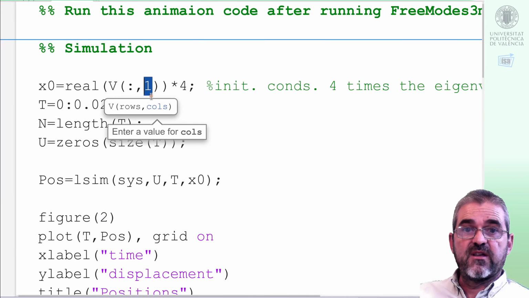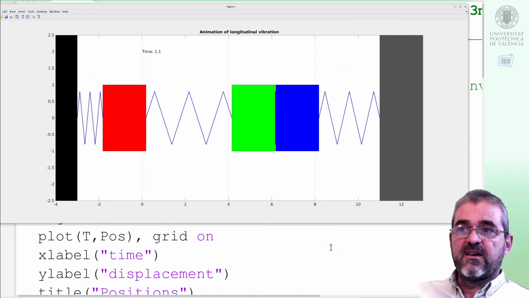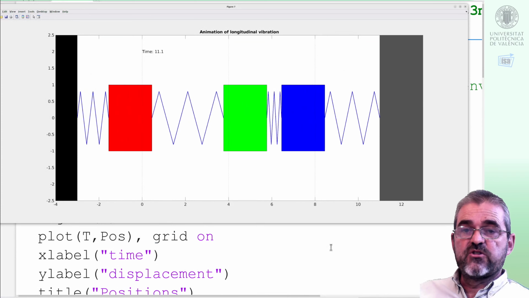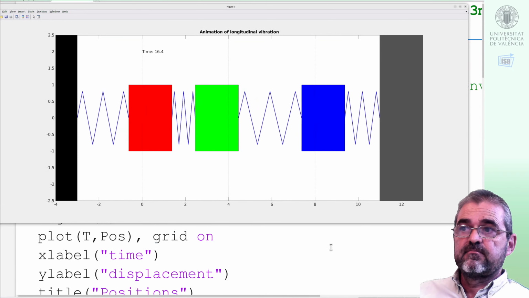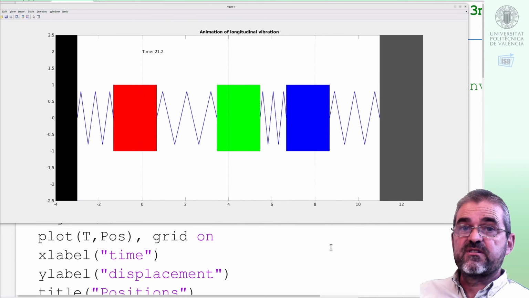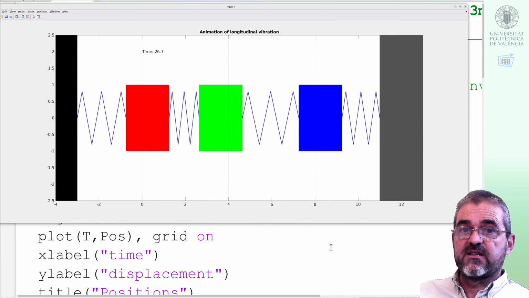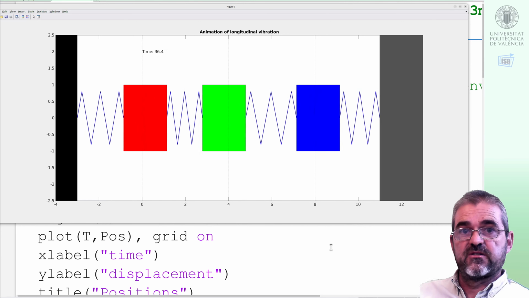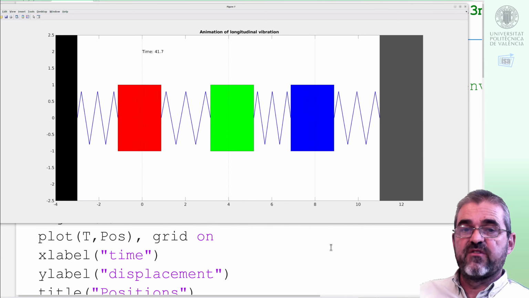And showing now the animation. Here we have the animation of said third vibration mode, in which the central mass moves in opposite phase to the other ones, and the frequency of the oscillations is higher than in the previous modes.